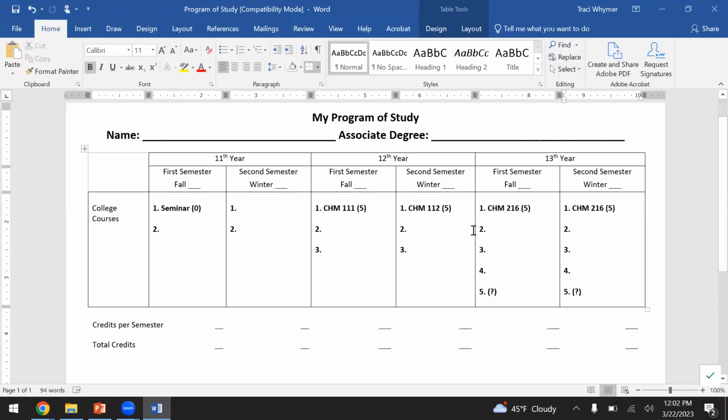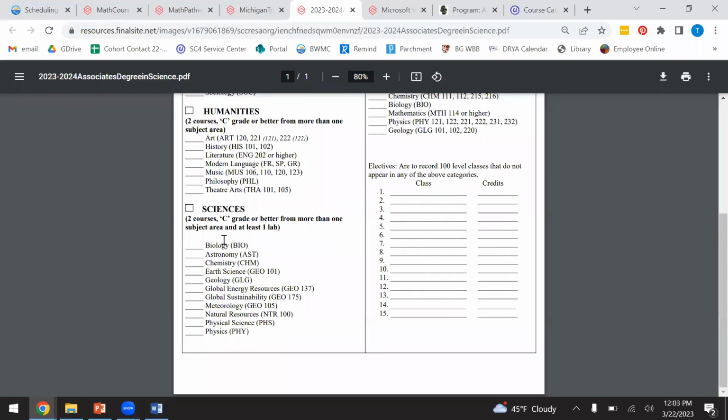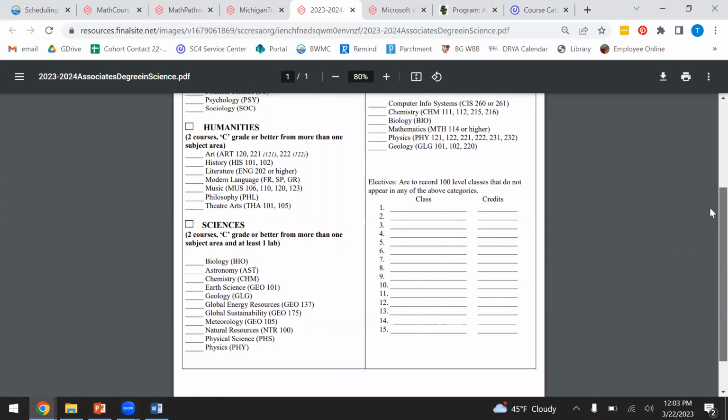So maybe you put that out here in your 13th year that, I know I'm going to need some bio. I'm not really sure what. So you could just leave yourself some space there, or you could say bio to be determined, bio question mark, not sure which one. So that right there, you have your 4 sciences mapped out between your science and your additional courses.